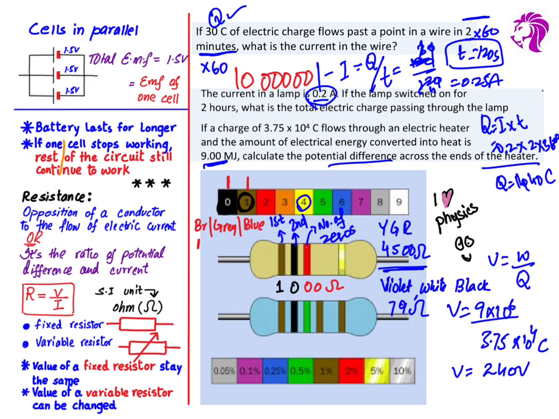The second digit is 8, and the third band gives 6 zeros. 1 2 3 4 5 6, right? So 18,000,000 ohms. This is called the resistor coding. Understood? Yes, sir. All right.